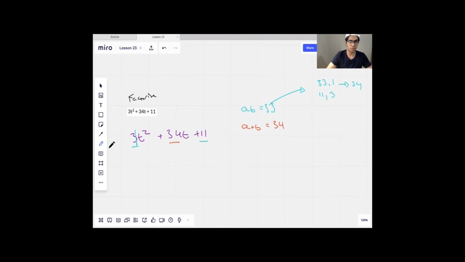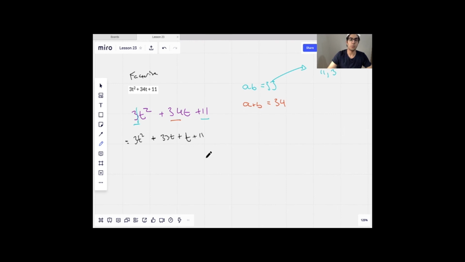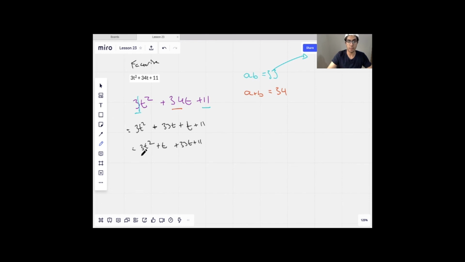So if we go black pen, we can go 3t squared plus 33t plus 1t plus 11. Interestingly, in this case, if we did 3t squared plus t plus 33t plus 11, they both factorize neatly in both cases.